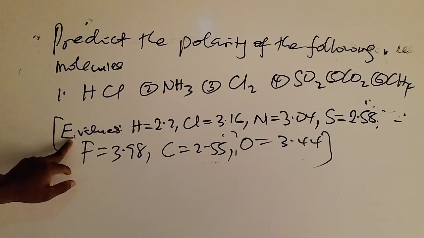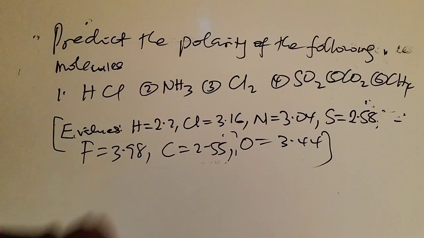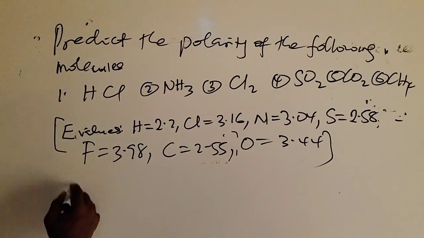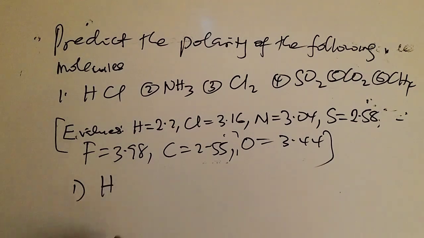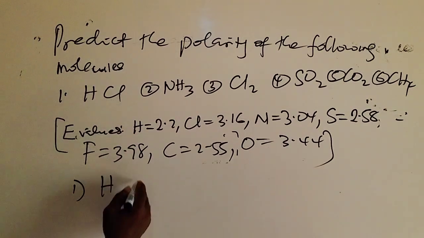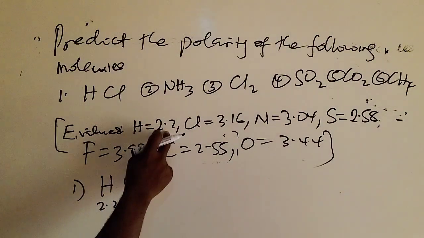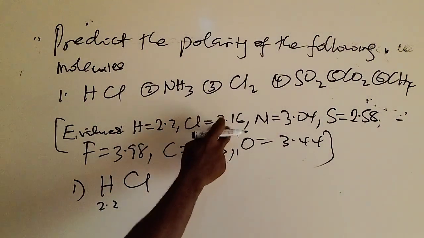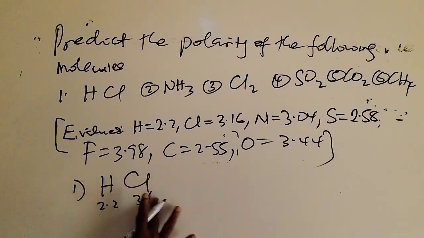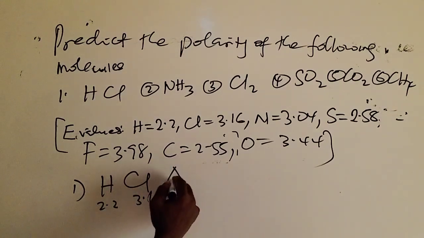E here means the electronegativity values of the elements. So let's look at the first one. Hydrogen and chlorine are bonded together here. The E value of hydrogen is 2.2 from the table. Chlorine is 3.16.